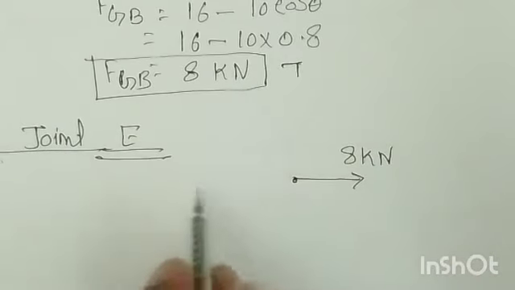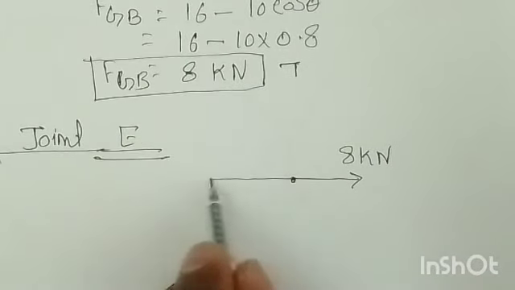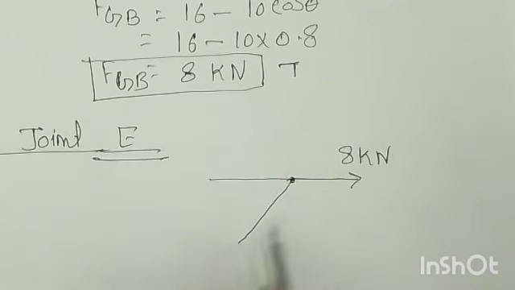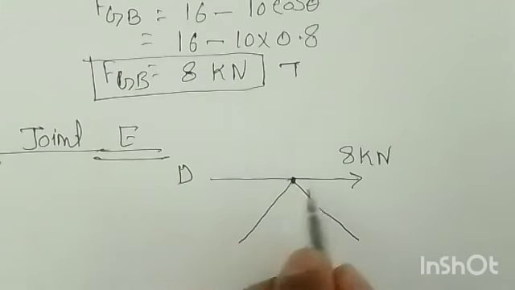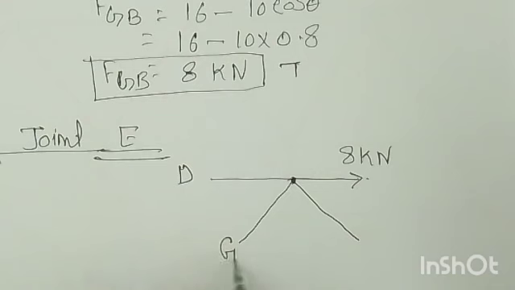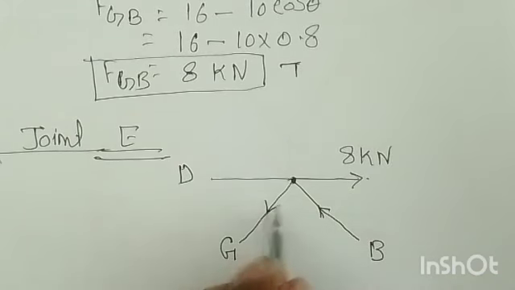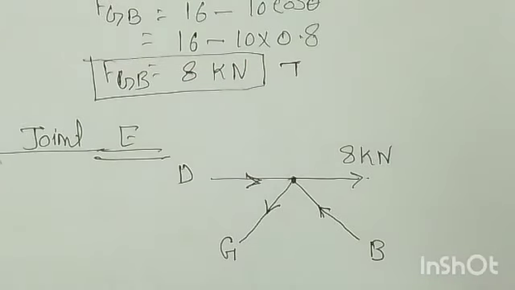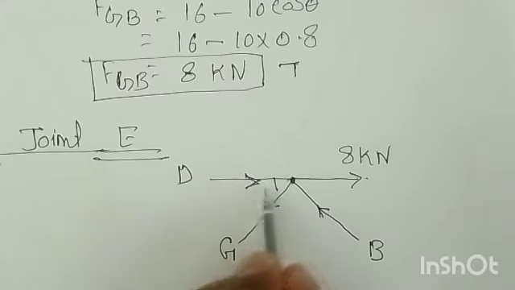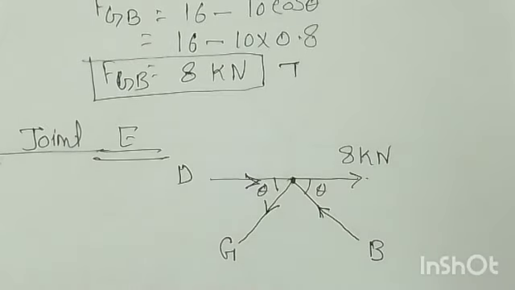This is the inclined member, and this is the inclined member. Here you have D, and here you have G, and this is B. The load is acting vertically up, the vertical reaction, so it will be compressive. This is tensile, this will be compressive. Why? Because it is like this. This angle is theta, and this angle is also theta.